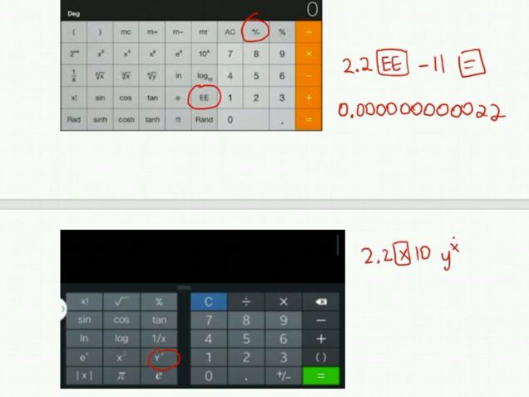So you take 2.2 times 10 and then hit this exponent button and then type in the negative. And I think here's the negative-positive button here. So negative 11, right? Yeah, 11, there. And then hit equals. So that's how you would enter it on an Android phone, okay?